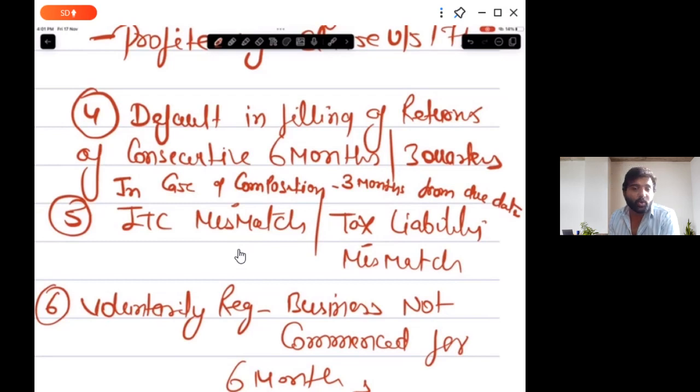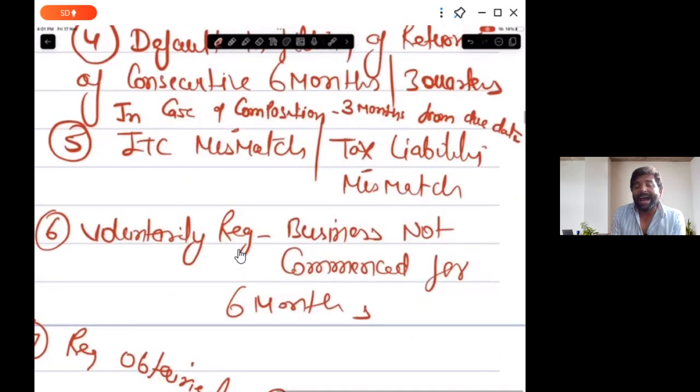So they will issue a notice if you are not filing your return within 3 months from the due date, but it is for composition. For a regular person, if he is not filing 6 consecutive monthly returns, then your GST will be cancelled. Next, if there is an ITC mismatch or tax liability mismatch.